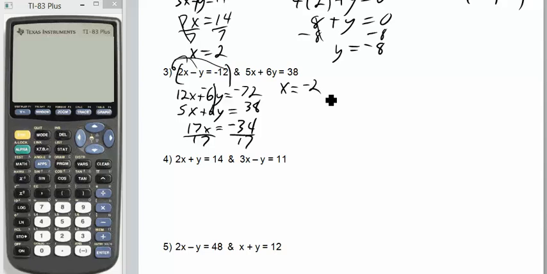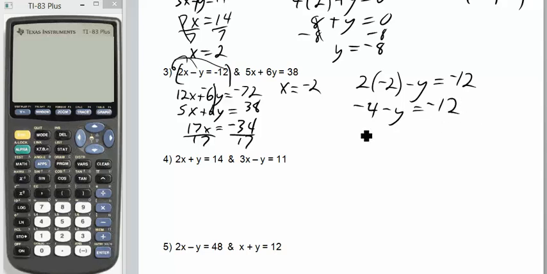So if x is equal to negative 2, we need to find out what y equals. So we're going to put it back into here. And we get 2 times whatever x equals minus y equals negative 12. Negative 4 minus y equals negative 12.